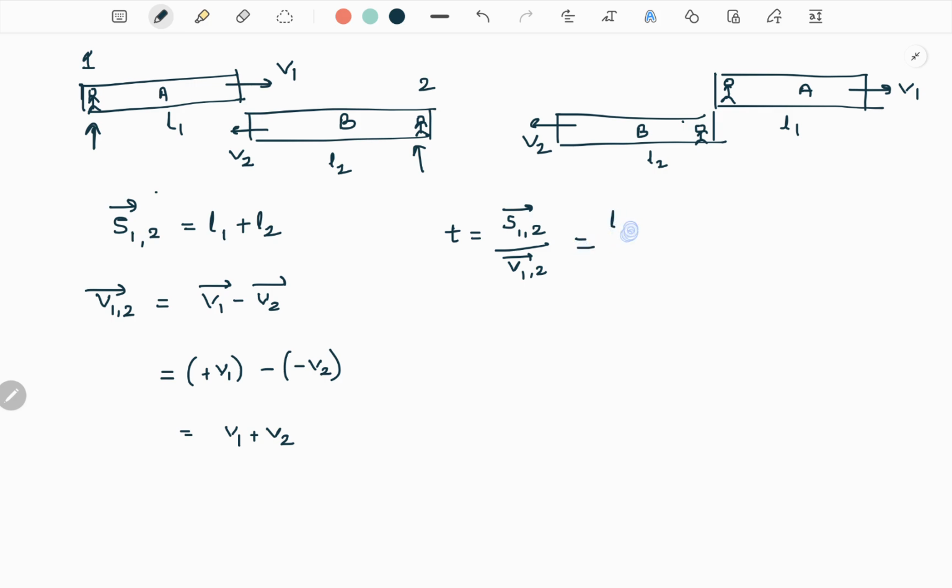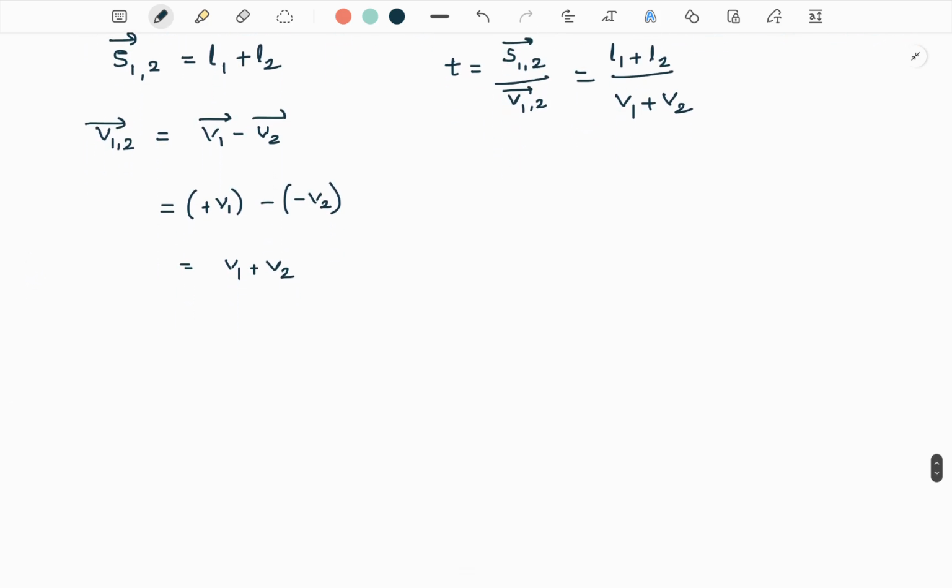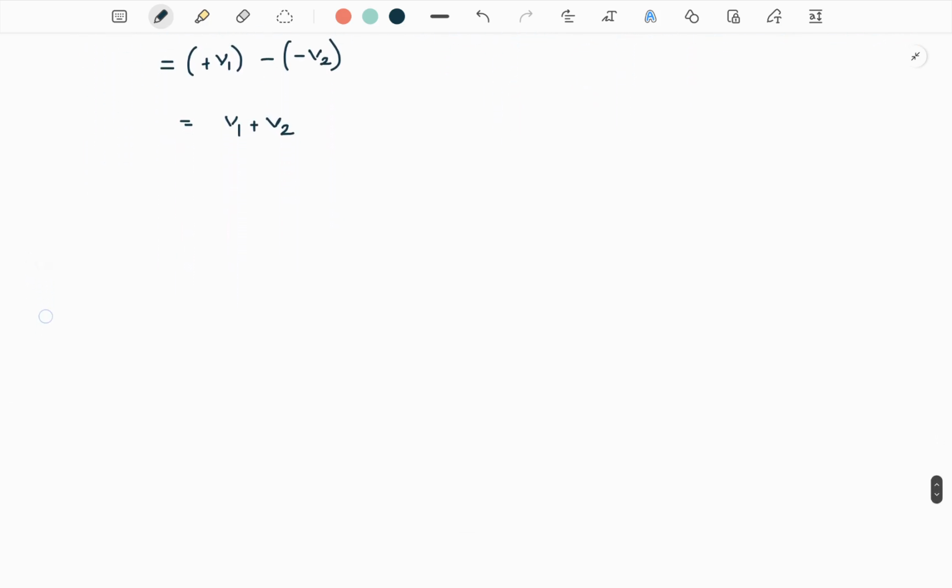So we can write (L1 plus L2) divided by (V1 plus V2). That would be the time after which they would cross each other. And this is a little example related to relative velocity in one dimension.